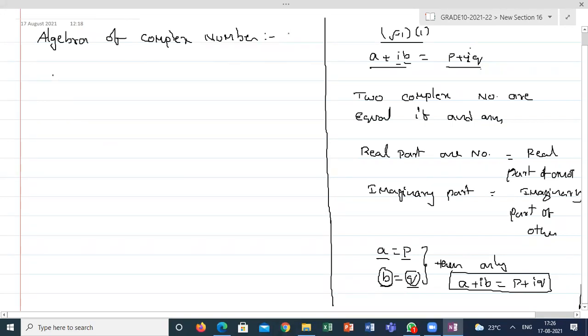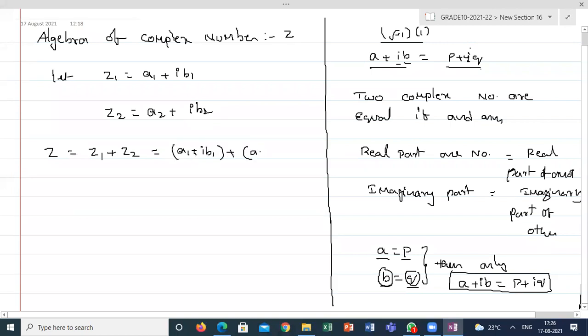So, addition of two complex numbers. Generally, complex numbers are represented with z, the general symbol. z means any complex number. Let z1 is equal to a1 plus ib1, a complex number, and z2 is equal to a2 plus ib2. Suppose I want to add, z is another complex number which is the sum of two given complex numbers, a1 plus ib1 plus a2 plus ib2.